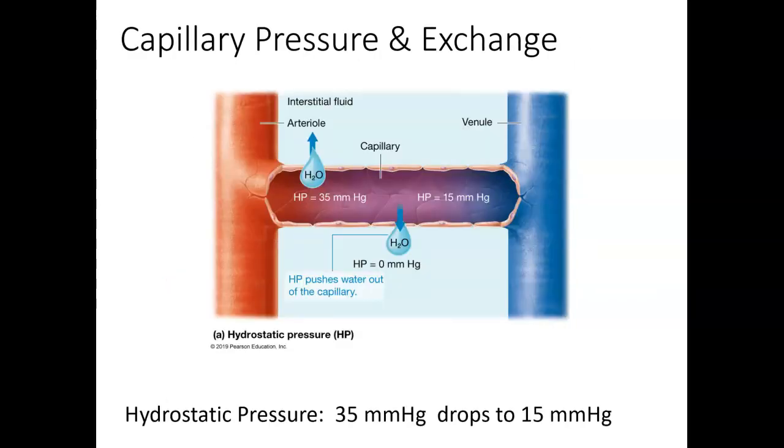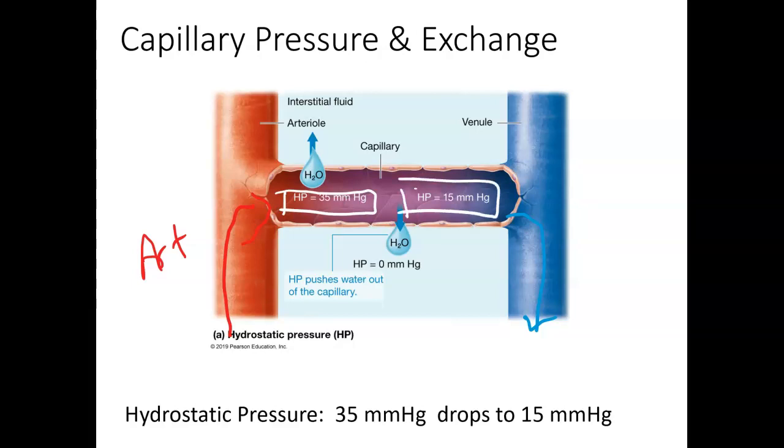So if we look at a simple picture for a minute, we have our arterial end here. Our blood is coming in, it's going to pass through the capillary bed, and it's going to leave through the venule end. Because hydrostatic pressure is dependent on blood pressure, and blood pressure decreases as you go from an arteriole to a venule, notice the hydrostatic pressure falls as the blood moves from the arterial to the venule end.